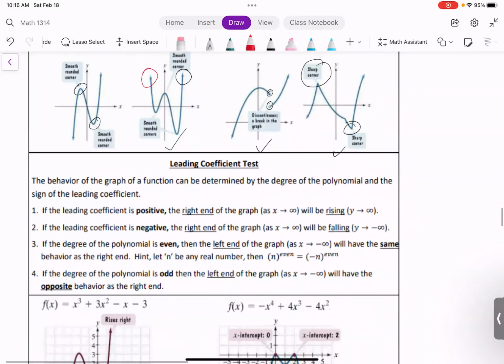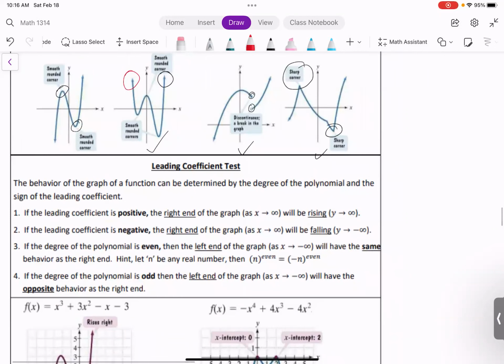First, we need to learn what the degree of the polynomial is. I think we have this before in previous lessons, but let me remind you. If f of x equals positive x to the fourth plus 3x plus 4, this is a polynomial function. The degree of the function depends on the power of x in the leading term.